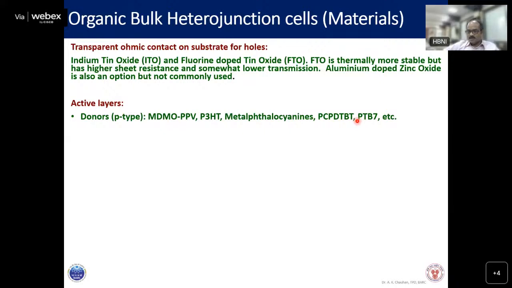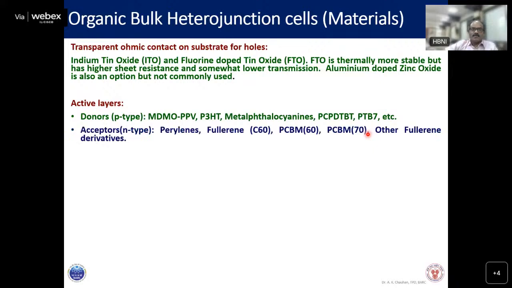These are polymers, and the short forms of the polymers are written because the organic compound names are big. For acceptors, N-type materials, we have perylenes, fullerenes, PCBM, where this is C70, and some other fullerene derivatives. Small molecules are also used.